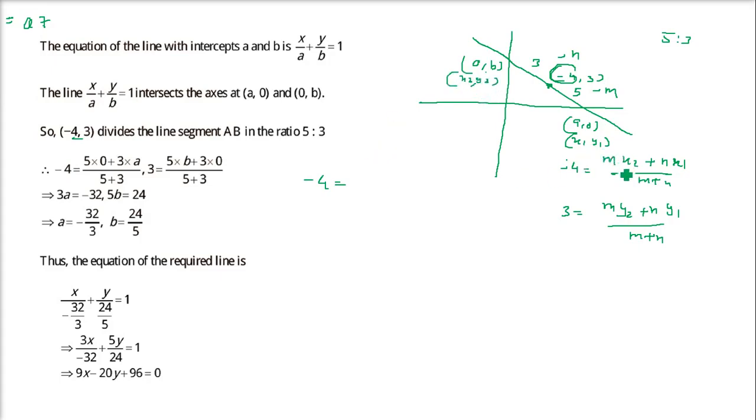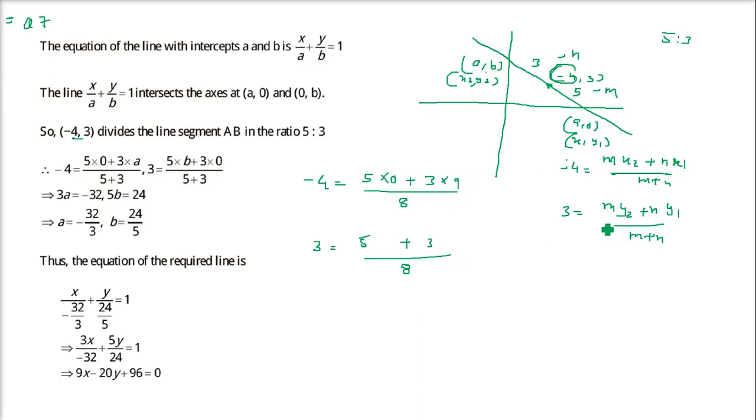Minus 4 will be what? m and n I am putting in front, so this is 5 and here it is 3, and 5 plus 3 is 8. Then coming to 3, again I am putting 5 and 3, and in the denominator we have 8. Now I am placing x2 and x1: x2 is 0, x1 is a.